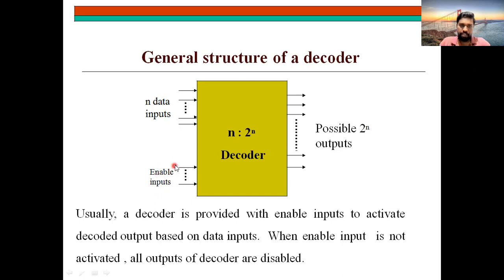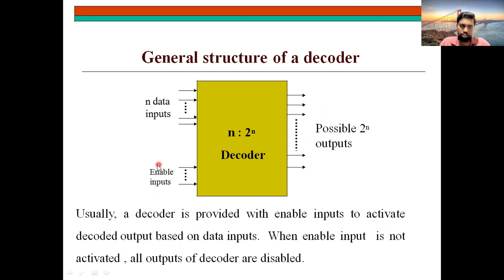Suppose enable is equal to 0, that means enable is in the deactivated state, then the outputs will not be generated, because the circuit is in the off state. Usually the decoder is provided with enable inputs in order to activate the output state for the data inputs.